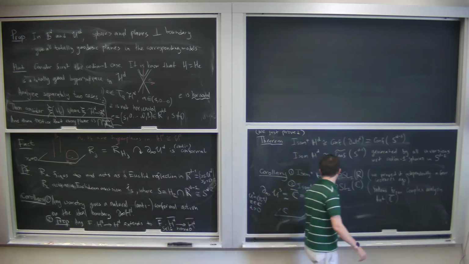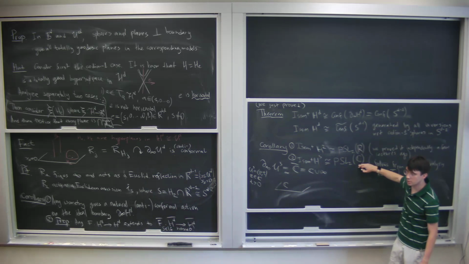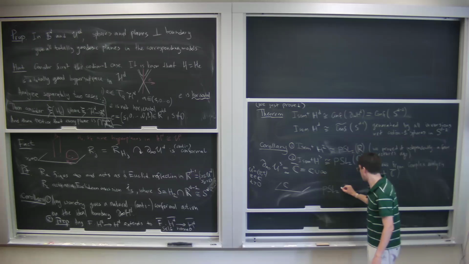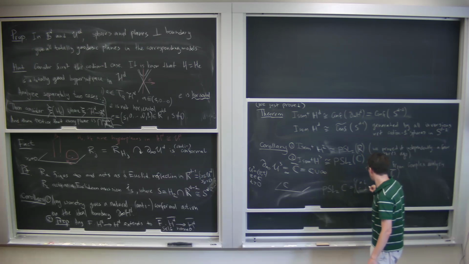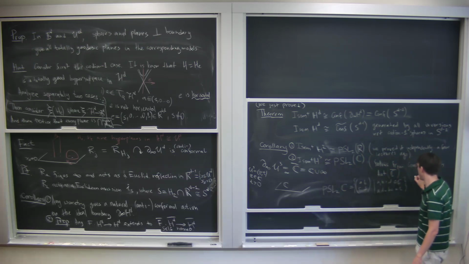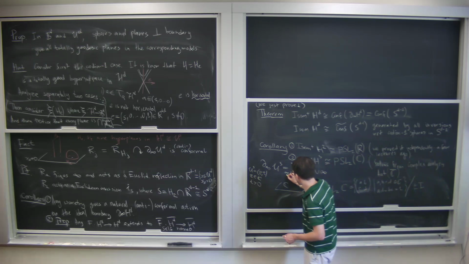Actually, this is very important. We just take the matrices (a, b; c, d) with complex entries, where ad minus bc is equal to 1, and we take the quotient by plus minus identity, giving PSL2(C).